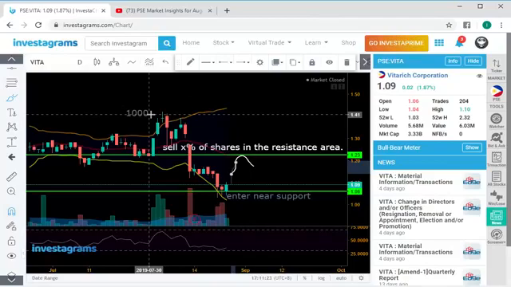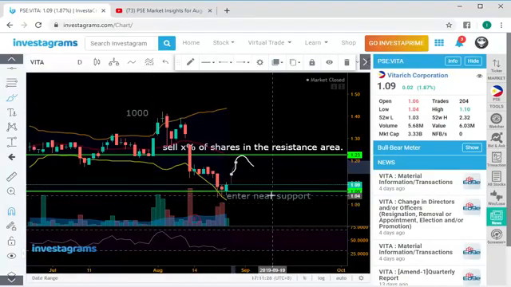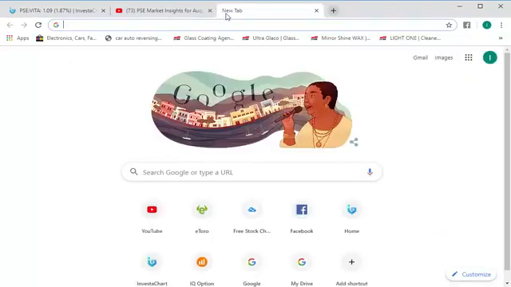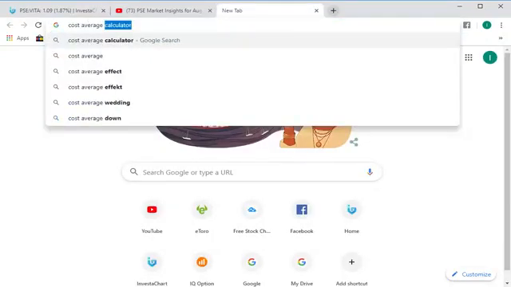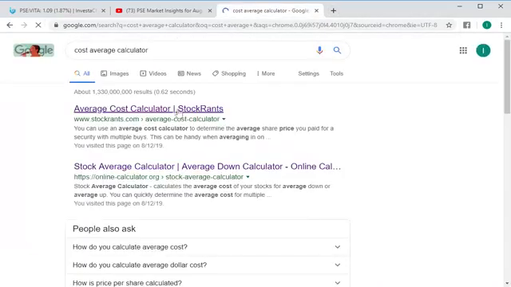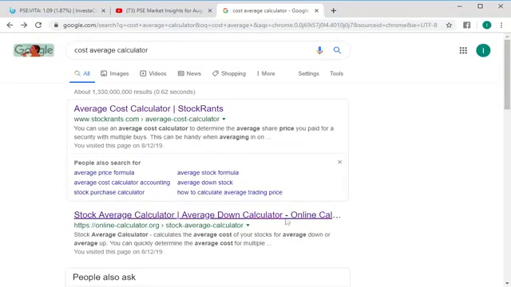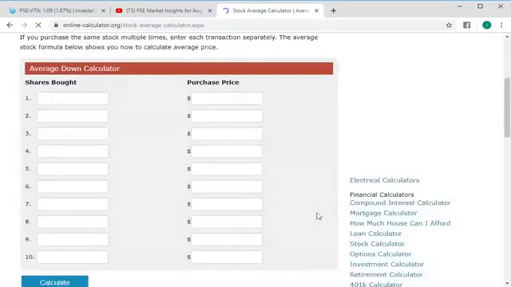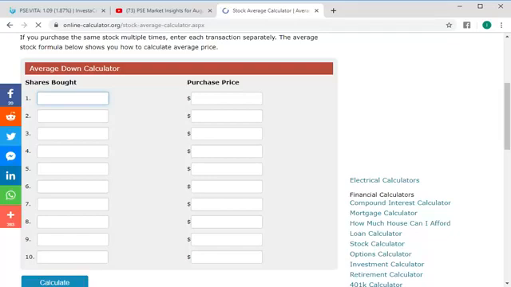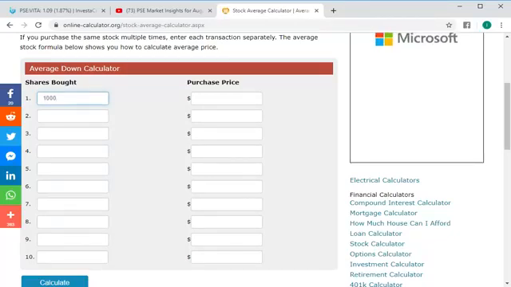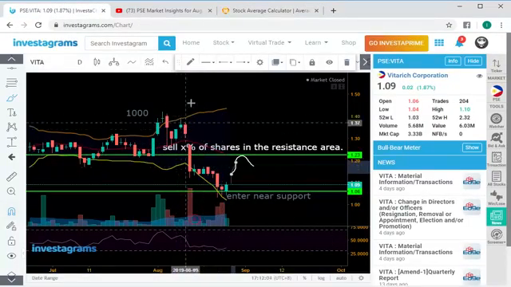Now, your 1,000 shares, you still have 1,000 shares here or even more, and your average price would be, I just use this cost average calculator. This one is in dollars, but I can just use it in peso terms. Shares bought, let's say 1,000 shares. How much did I buy it at? 1.40 level, for example.